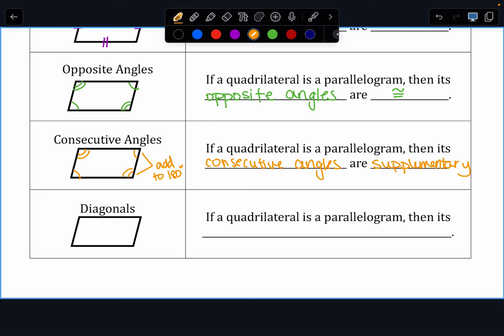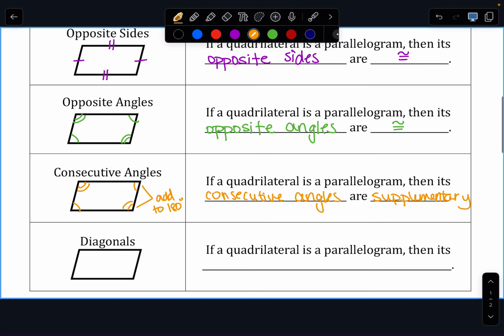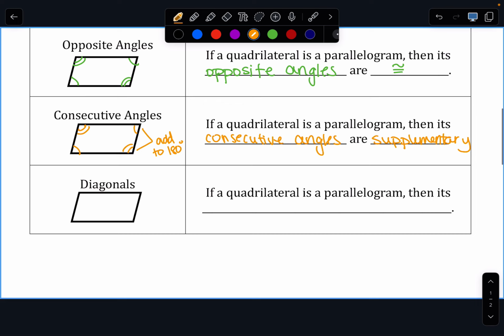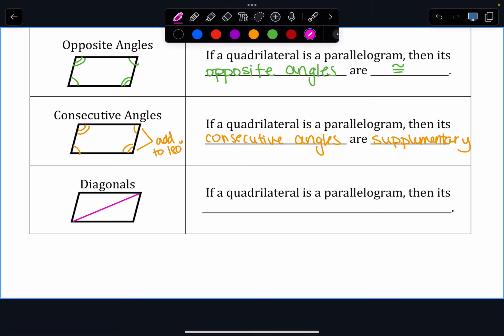Okay? Now, the fourth property, which if you want to be technical, could probably be the fifth property because our first one is both sets of sides are parallel, is probably the one that's not obvious. Does anybody know what happens with the diagonals? They are not congruent.